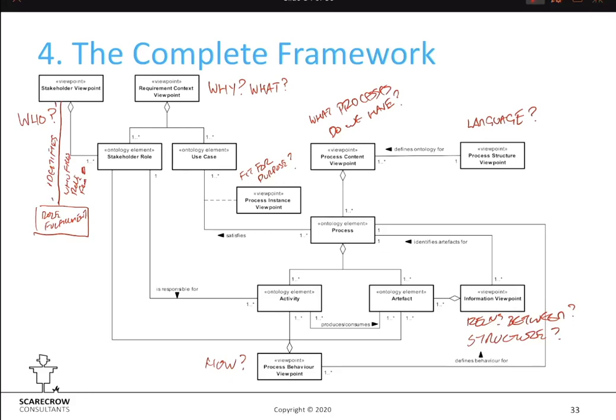Because the stakeholder viewpoint is roles, not the names of people, but sometimes you want at a particular point in time to actually put names against those roles. Sometimes we do an 8th viewpoint to capture that for people.